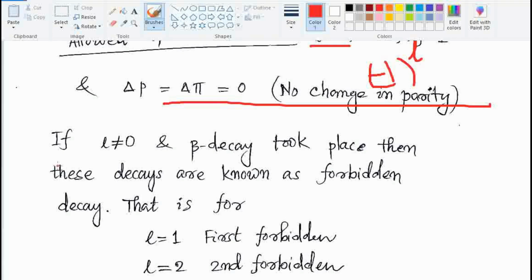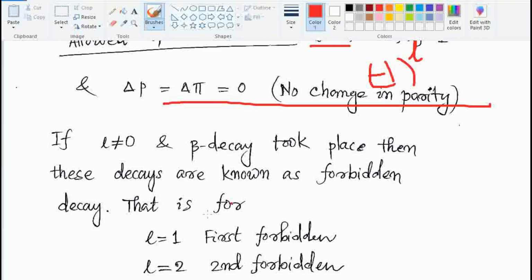But in nuclear physics, forbidden means the reaction is still possible, but the probability of such a reaction with higher values, L equal to 1, 2, 3, is lesser as compared to L equal to 0.